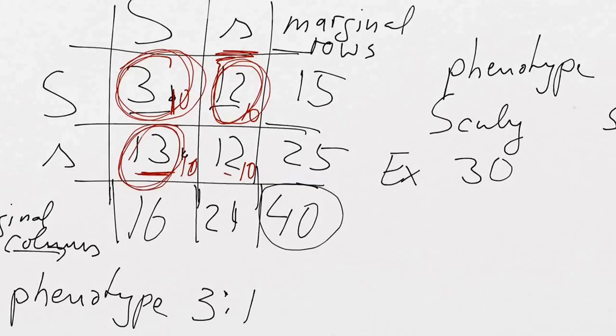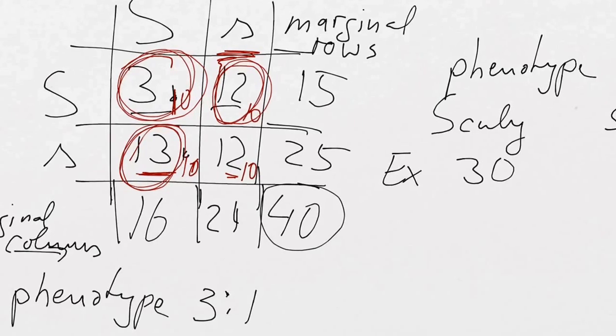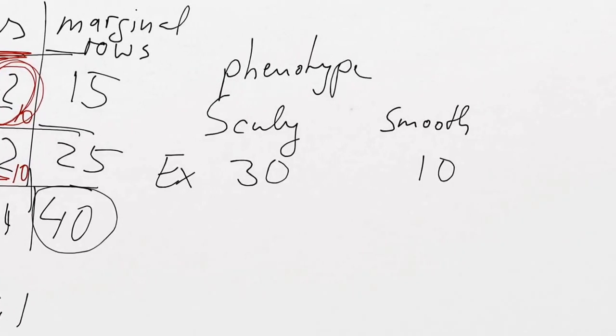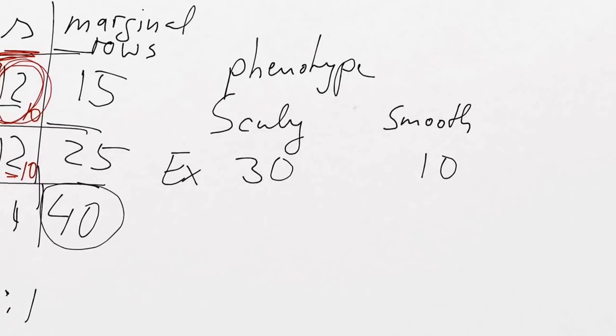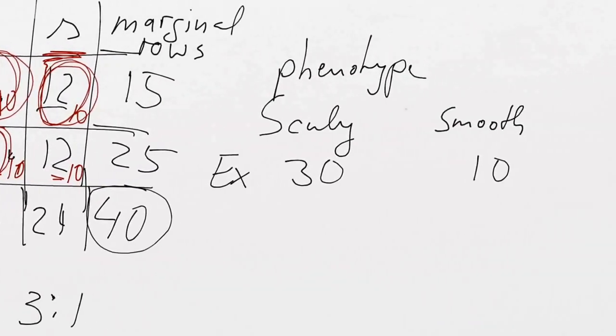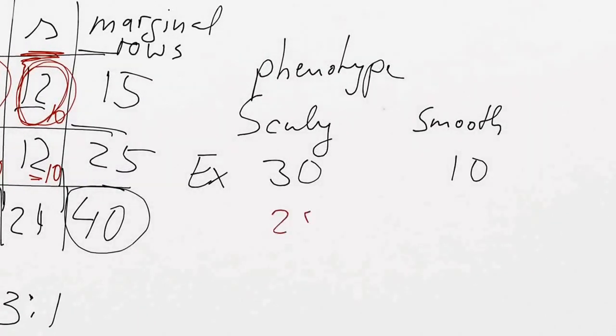Scaly. What about this one? That's smooth. Okay, so we have 3 and 12 is 15, and 13 is 28 scalies, and 12 smooth. Observed: 28 scalies and 12 smooth.